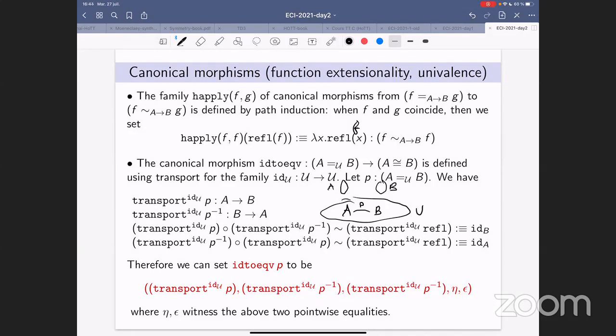Remember that transport goes from the fiber here to the fiber here. So it's really a function from A to B. So this is my candidate. The function from A to B is going to be defined by transporting along the identity family, relative to the identity family, along P. And this defines the function from A to B.